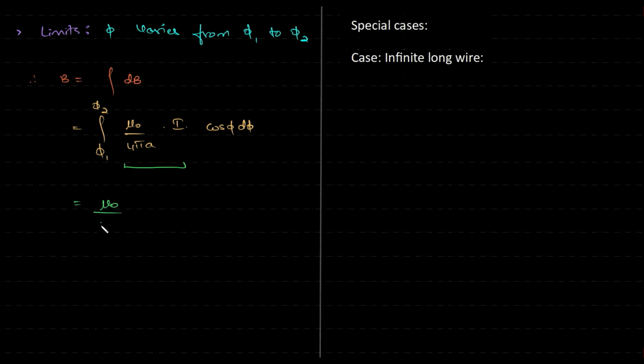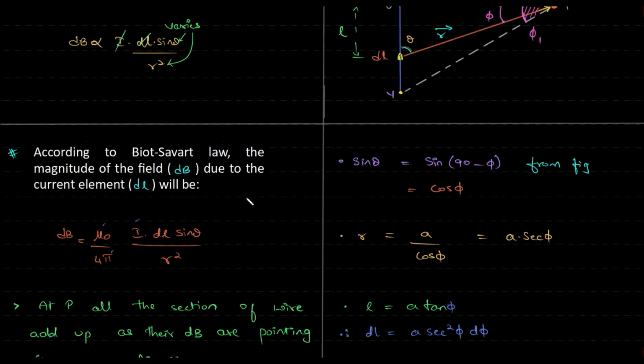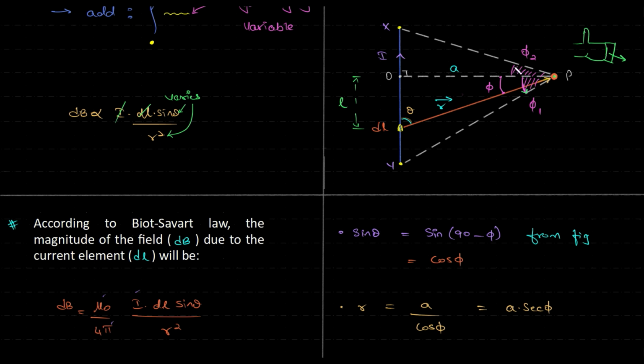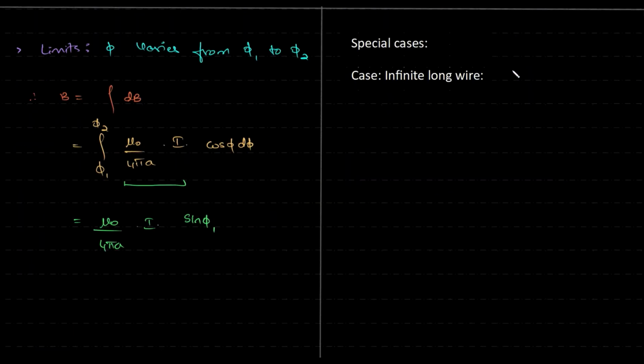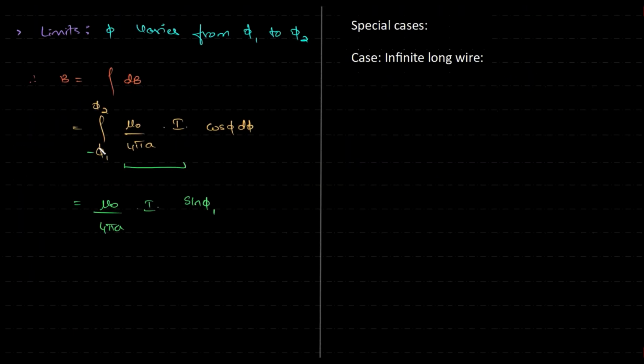So mu naught by 4 pi A I, and the integration of cos phi is sine phi, on applying the limits. Oh yeah, sorry. This is a negative angle, by the way. And that's positive. Do you guys agree? Right? Because we can consider one of the angles, like in this case, clockwise as positive and this as negative.